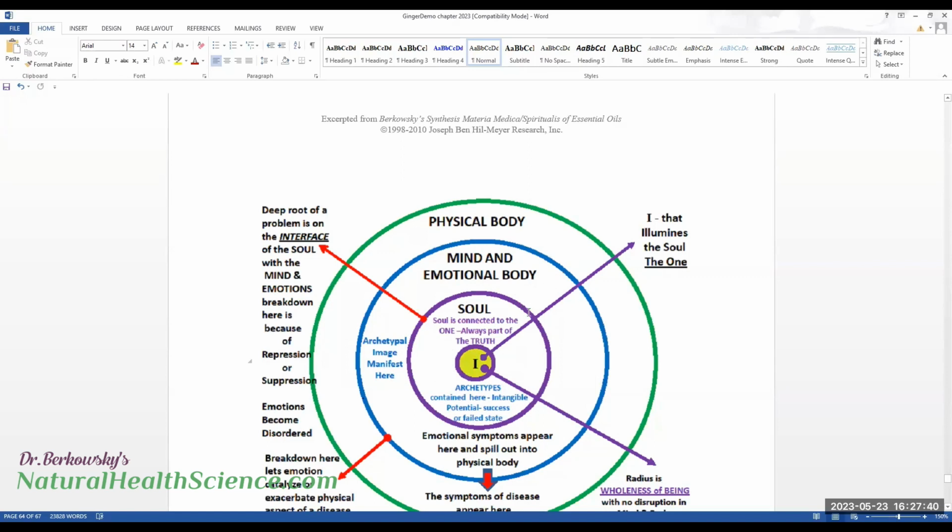On the other hand, of course, you're also transferring the light of the soul outwardly, the light of the one. Remember, you're connected to spirit from here outwardly, so it permeates both your mind, your entire cell structure, and the physical body.